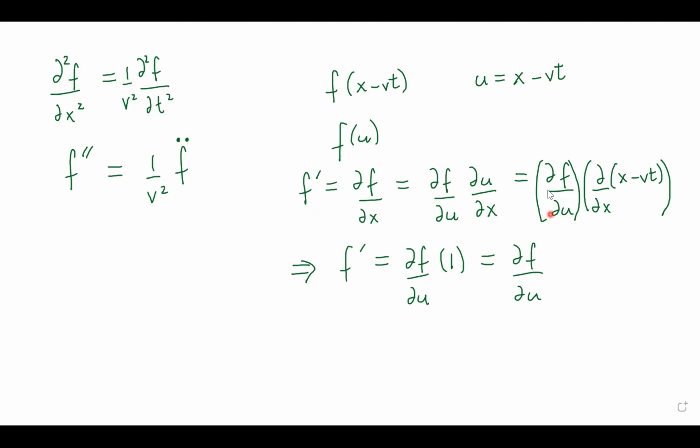We leave the first part alone, just derivative of f with respect to u. And the second term, we recall what the definition of u is, and we see that the derivative of u with respect to x is just 1. And so we get that f prime is just partial of f with respect to u.